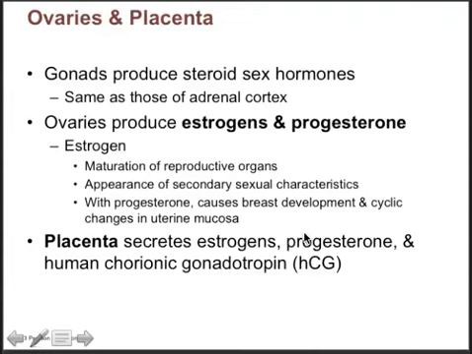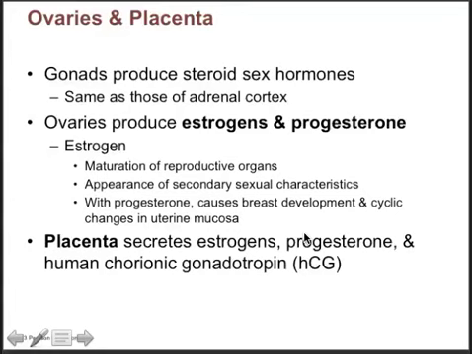Essentially, the way that this works is that when an egg is ovulated from the ovary, the follicle cells stay behind and become a structure known as the corpus luteum, which begins secreting estrogen and prepares the endometrium for the implantation of the fertilized egg known as the zygote, which by the time it reaches the uterus will have become a hollow ball of cells known as a blastocyst.